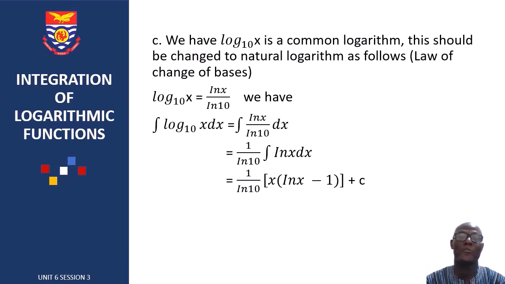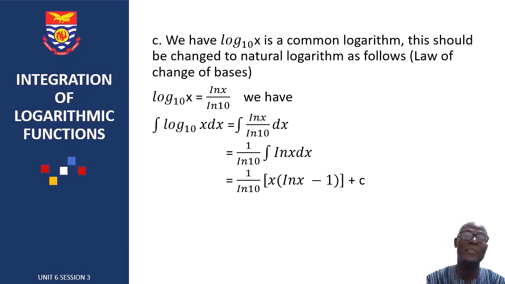C. To integrate log x base 10 dx, we change this common log into a natural log by the use of change of base. We know to change a base in log, if log a base b is given and we are changing from base b, let's say to c, then we have log a base c divided by log b base c, meaning we have changed from base b to c.